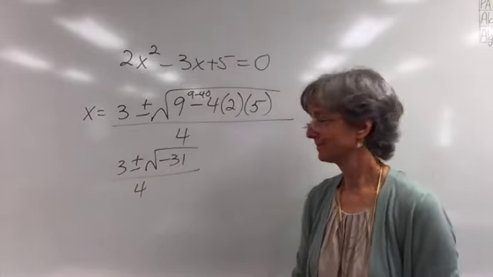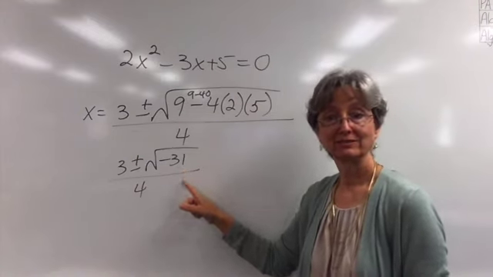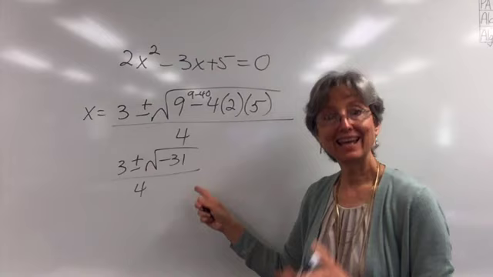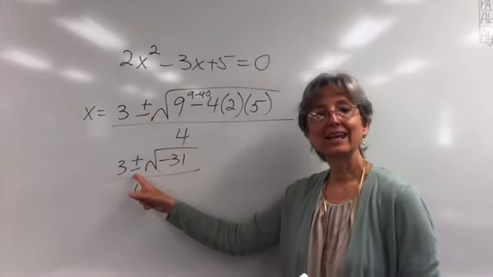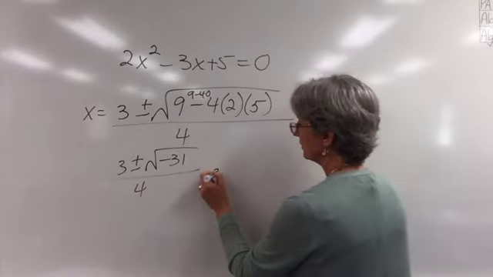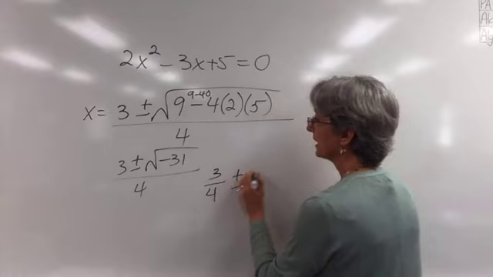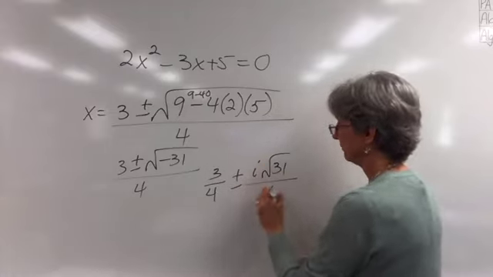Do you see that? How does the square root of negative 31 simplify? You take that negative out and it becomes an i. So what you have is 3/4 plus or minus i square root of 31 over 4.